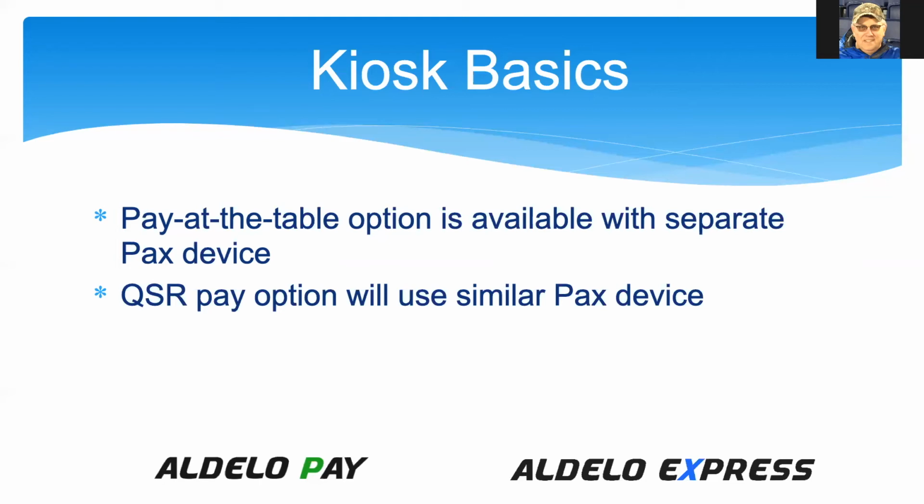And if you had a kiosk stand, then you could attach the PAX terminal to that stand and allow the customer to self-pay there with a debit or credit card, Apple Pay, Android Pay. Those can be done. And then a cash drawer would be at the counter. So you would have an electronic transaction at the kiosk terminal, but you have the option of having cash paid at the counter.